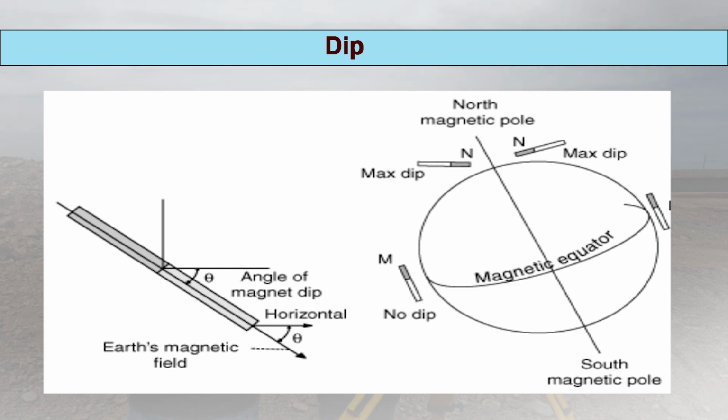When suspended freely, it takes up a position parallel with the earth's magnetic lines. In horizontal projection, these lines define the magnetic meridian, and thus the longitudinal axis of the magnetic needle lies in the plane of magnetic meridian and exhibits the direction magnetic north and south.